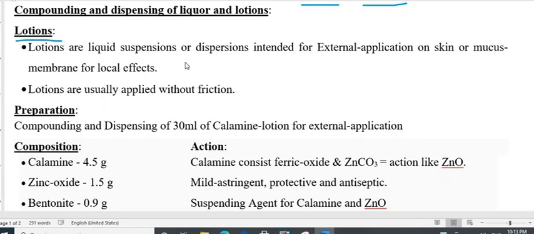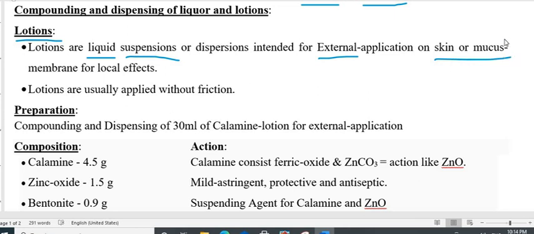So you have to go through the consistency, how it looks, how it physically appears, then you have to define it. The first thing about the lotion is that lotion is usually liquid, usually in suspension form, and is for external use over the skin or mucous membrane.